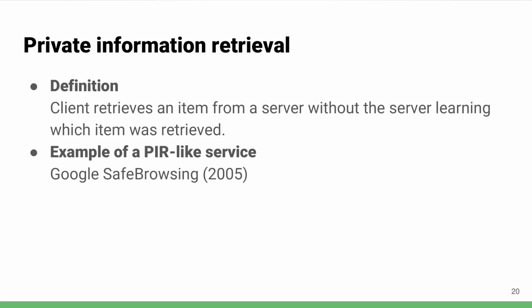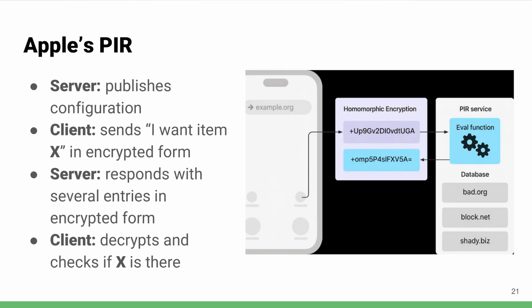Apple's implementation of PIR is a much more sophisticated system. It relies on cryptography a lot. I will probably save us some time and not go into a lot of details here, but it follows the same principle. The client asks for an item, but the server does not know which exact item was requested, and returns a bunch of items that might work.